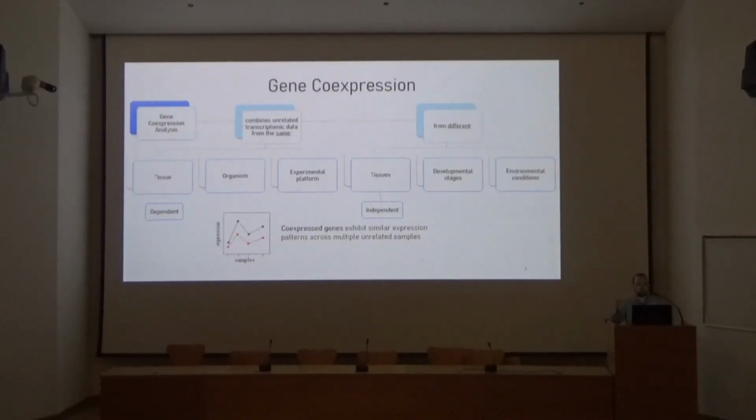So we can say that the relation between those two genes is that they are co-expressed, since we observe that kind of expression pattern across all those multiple unrelated samples. And the thing about co-expressed genes is that they tend to participate in similar biological processes, and that is something we're going to utilize in the process.